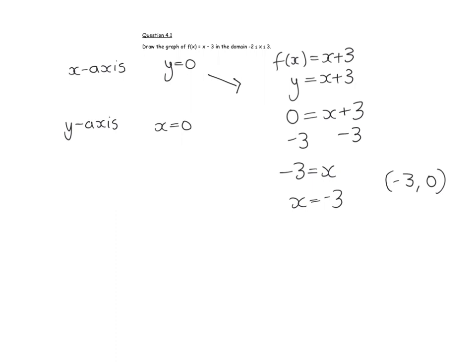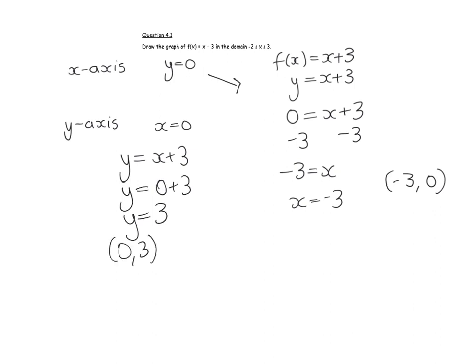And then when crossing the y-axis, we have x is equal to 0. Again, we have y is equal to x plus 3. We're going to replace x with 0, so we get y is equal to 0 plus 3. So y then ends up being 3. So the coordinates of the point where it crosses the y-axis is 0, 3.